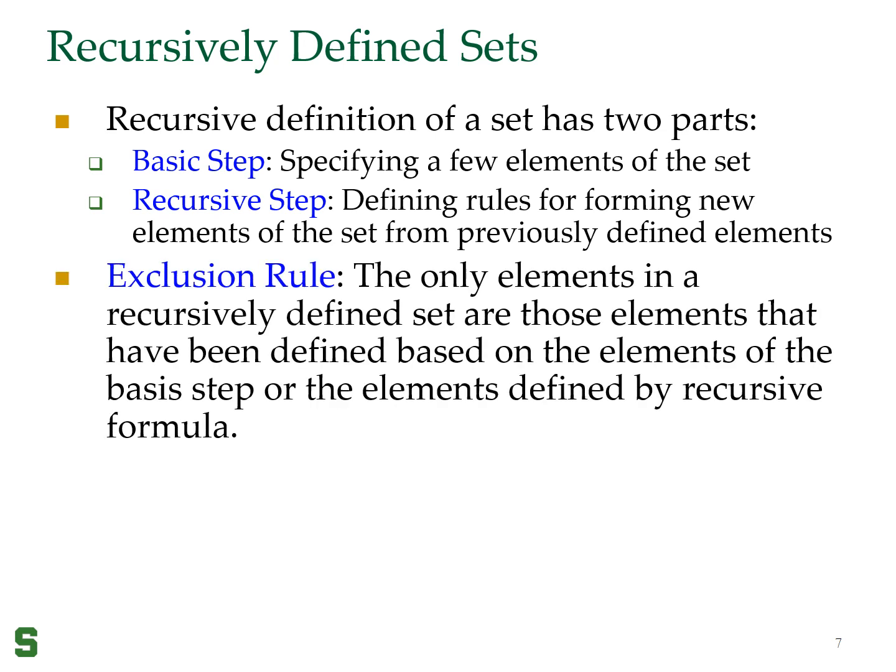We can have exclusion rules, basically, that say the only elements that are in the recursively defined set are those that have been identified by those two rules. Anything else is not going to be in the set.